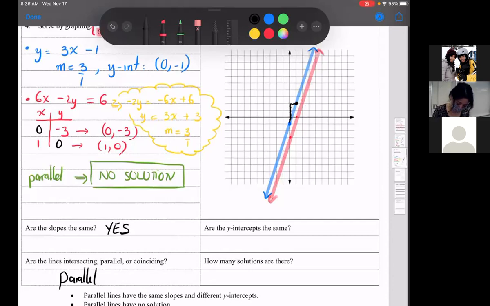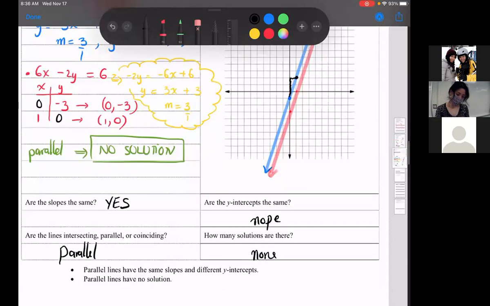No, right? How many solutions are there? Yeah, none. So the conclusion is that parallel lines have the same slope but different y-intercepts, and parallel lines have no solution.